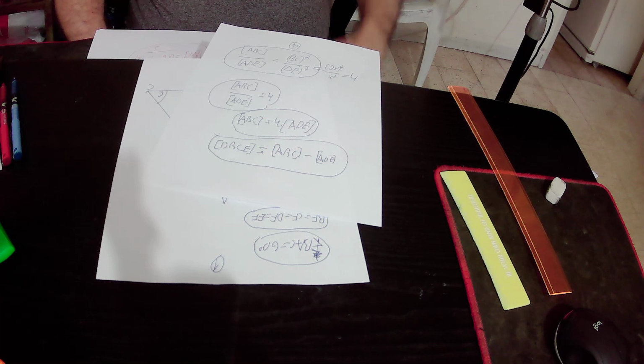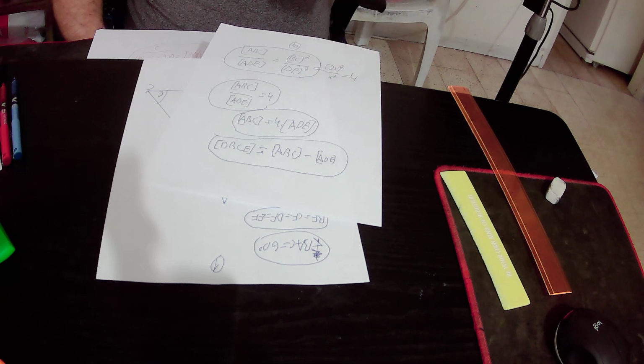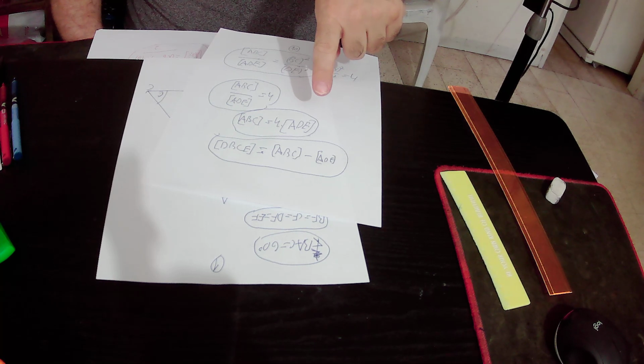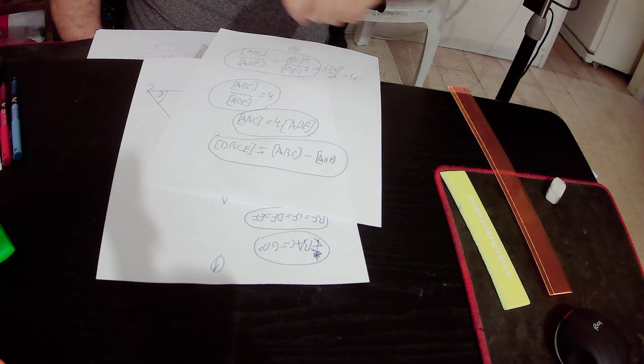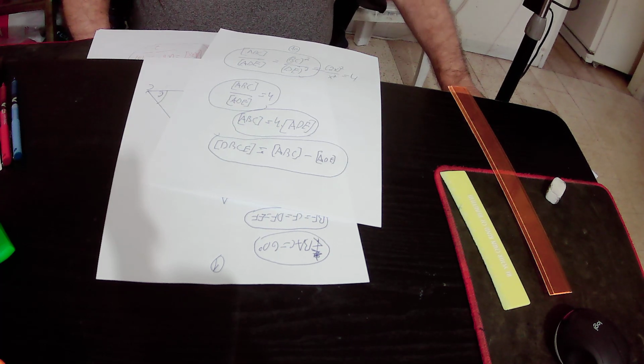So we get here that 4 times the area of triangle ADE minus 1 times the area of triangle ADE equals 3 times the area of triangle ADE, or the area of quadrilateral DBEC equals 3 times the area of quadrilateral DBCE. Okay.